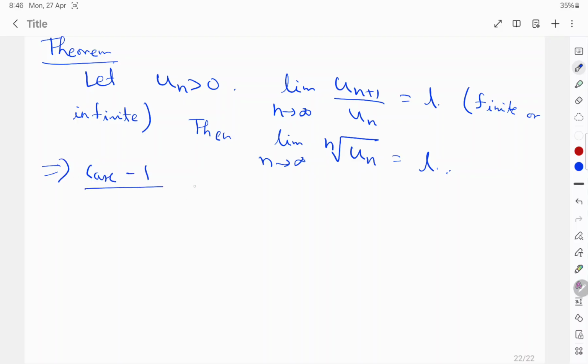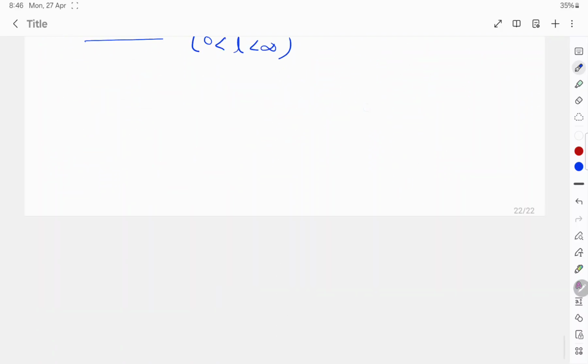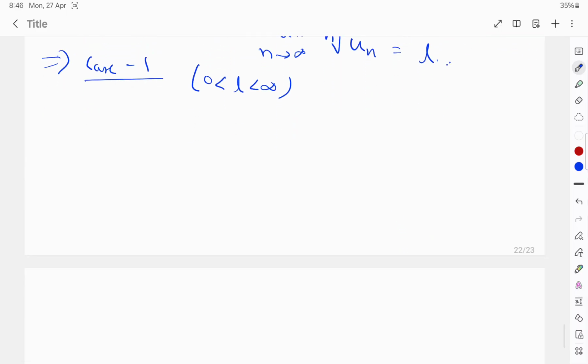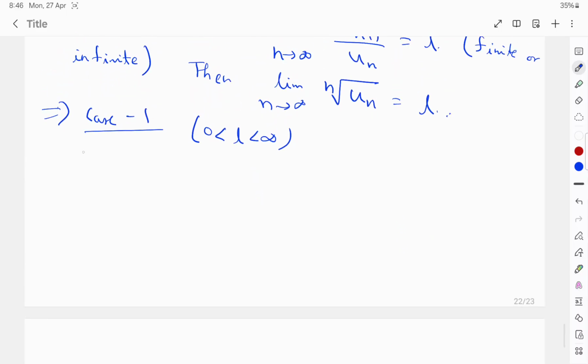Case 1. Suppose 0 less than L less than infinity, that is, it is a non-zero and non-infinite number, okay. So whenever you have this type of thing, choose epsilon greater than 0 in such a way that L minus epsilon is still greater than 0, that you can choose, right?